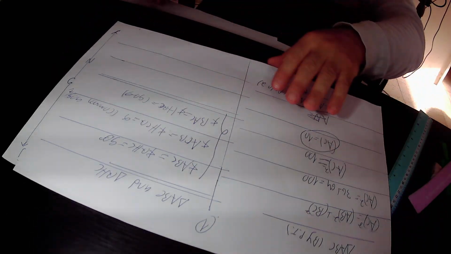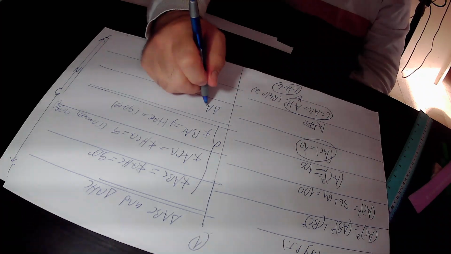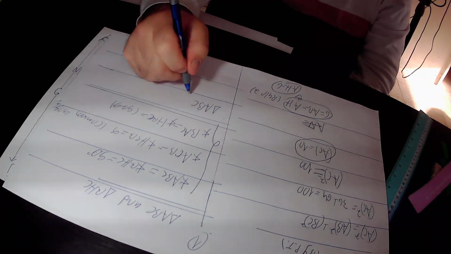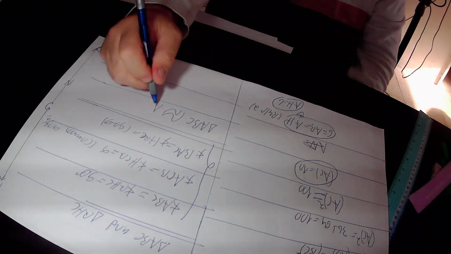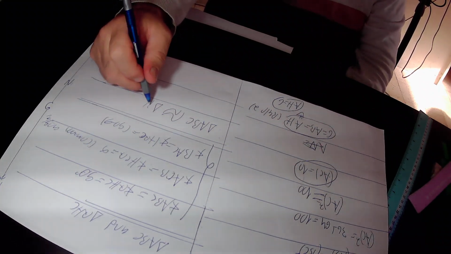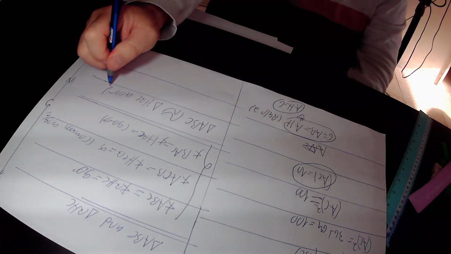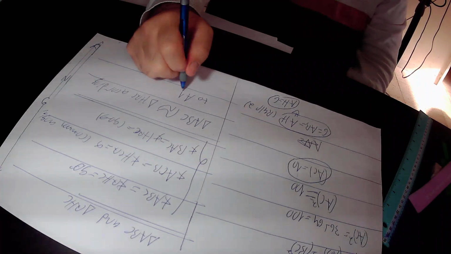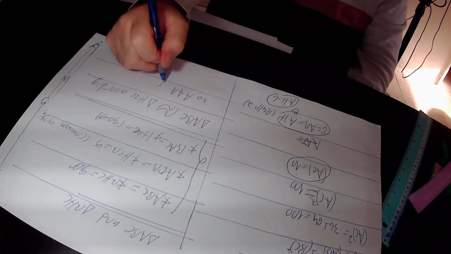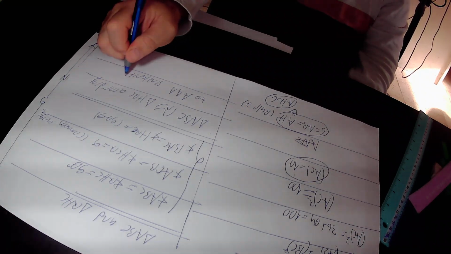Therefore, those two right triangles are similar to each other according to the angle similarity rule. So I write it down. We proved that the big right triangle ABC is similar, this is the sign of similar, to the small right triangle HQC, according to the angle similarity rule.